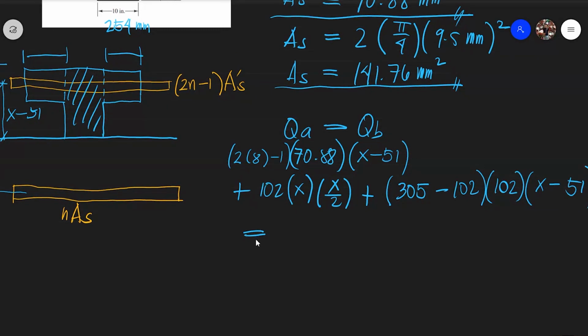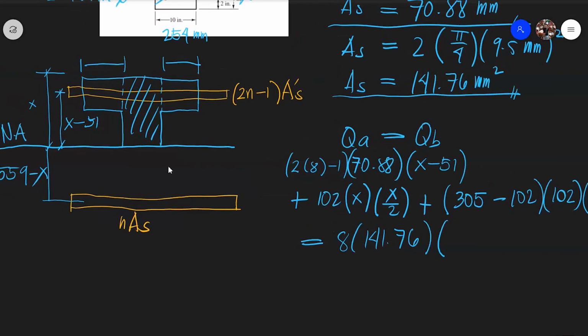So n is equal to 8, times As, which is 141.76, multiplied by its distance from the neutral axis, and that is 559 minus x.